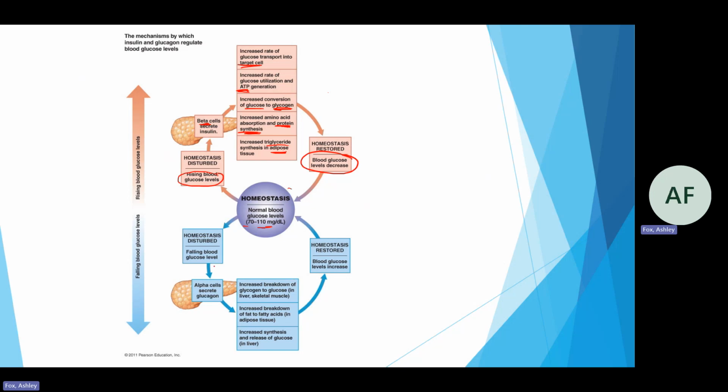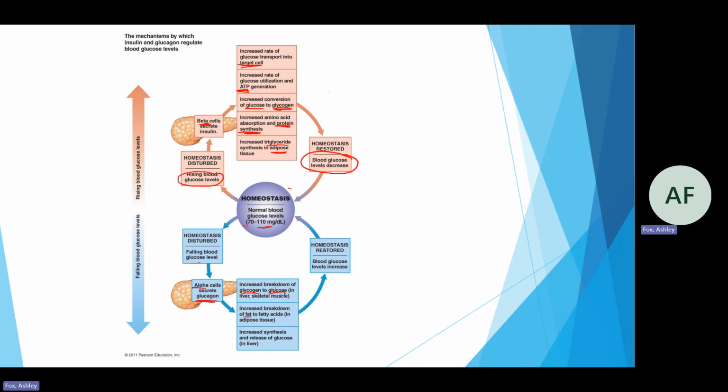If you have low blood glucose levels, the alpha cells are going to secrete glucagon. That's pretty much all the opposite of what we just said with insulin. You're going to break down your glycogen to glucose in liver and skeletal muscle. That's where glycogen is. So you're going to release glucose into the bloodstream.